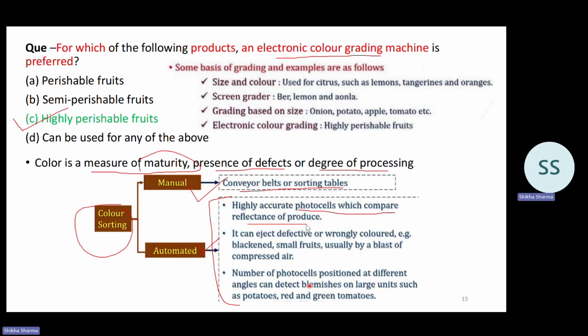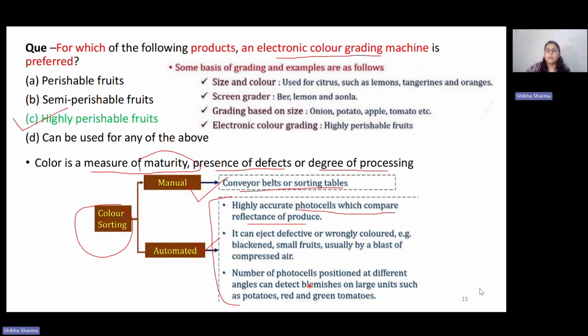So the product color can be checked based on transmission, absorption and reflectance. We can compare the reflectance of fresh produce and of the spoiled one, and there can be some difference in reflectance between the two.